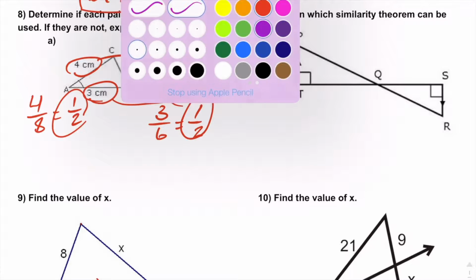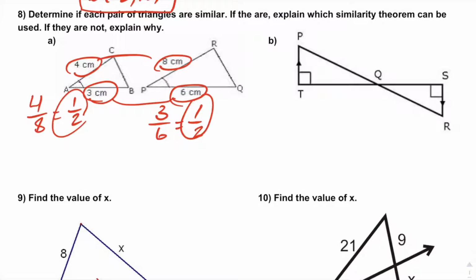And then the angle. So side, angle, side. And again, this only works because when we compared the sides here and here, they had the same proportion of 1/2, 1/2. Okay? Because the sides are both 1/2. The angles are the same.